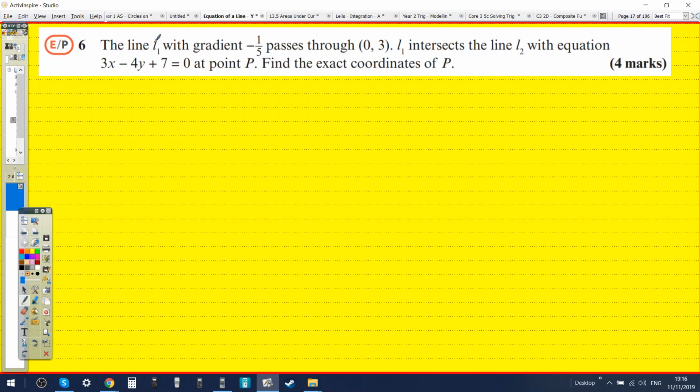So L1, its gradient is minus 1 over 5. And it passes through 0, 3. So L1 is a straight line. What do you know about L1, or how could you write it?